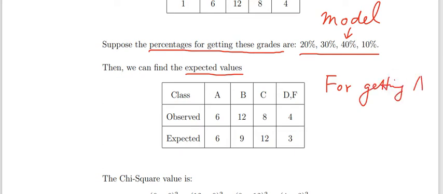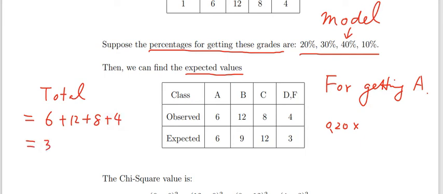For getting grade A, 20%, which is 0.20, multiplied by the total number of students. In total we have 6 plus 12 plus 8 plus 4, which equals 30 students.